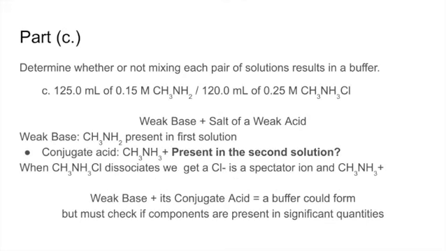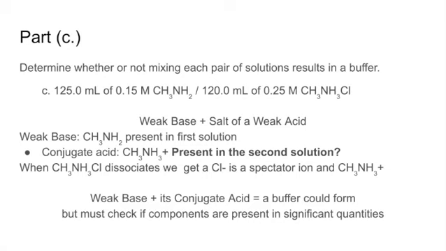In part C, we are mixing a solution of CH3NH2 with a solution of CH3NH3Cl. This is a weak base, whose conjugate acid is CH3NH3+. So we must ask, is this present in the second solution?